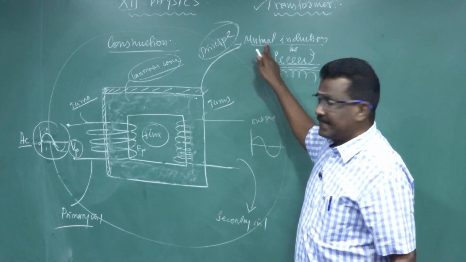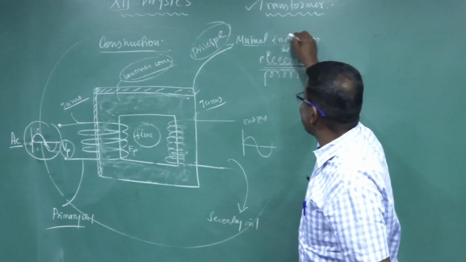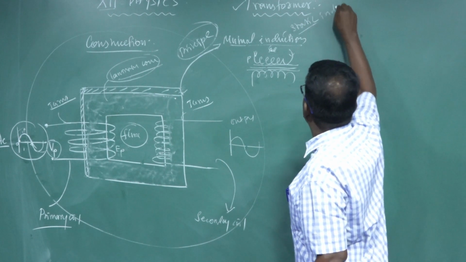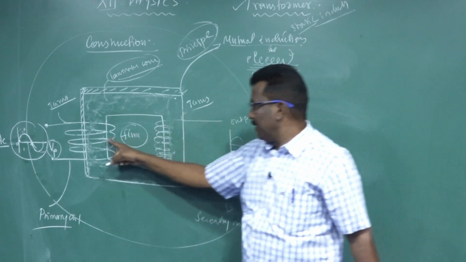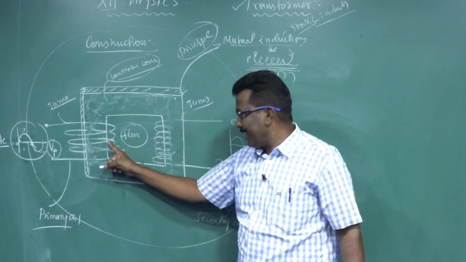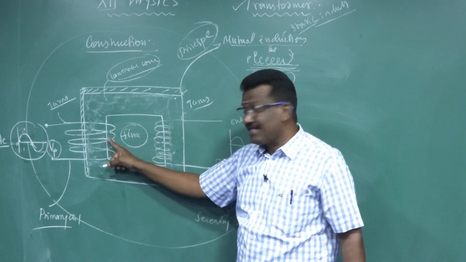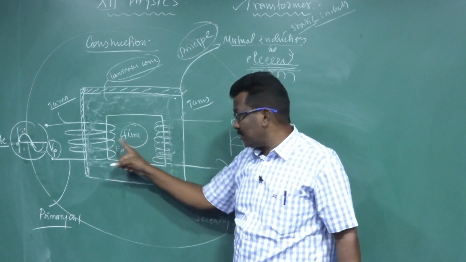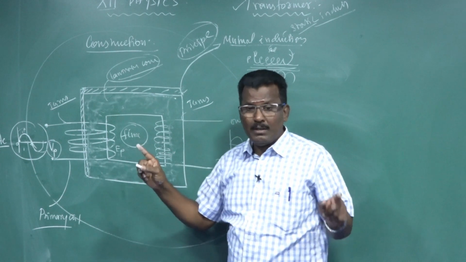Actually, mutual induction is static. No coil changes its position; they are simply at rest. Even when the coils are at rest, if the flux changes, EMF is induced across the two coils.